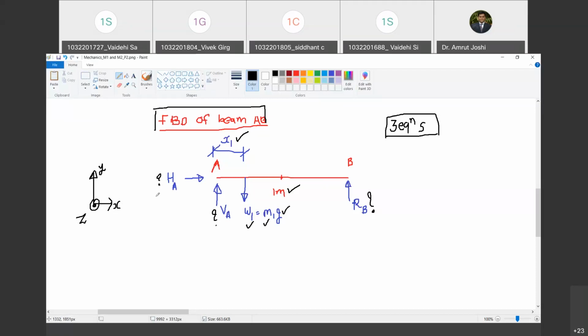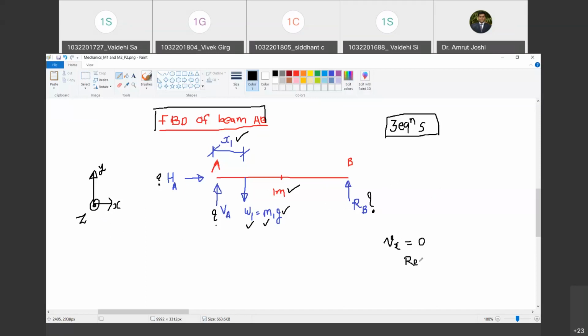Now you need to tell me, in the way the experiment is performed, is this beam going to move in X direction? No. So what is its velocity in X direction? Velocity of beam in X direction is 0. And does it remain 0 throughout the experimental observation period? Yes, sir.